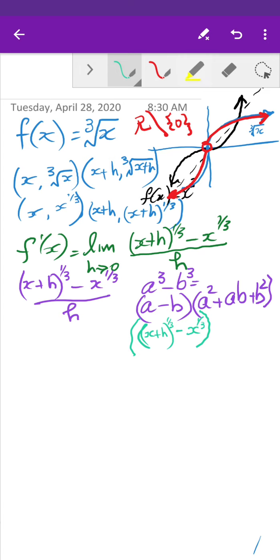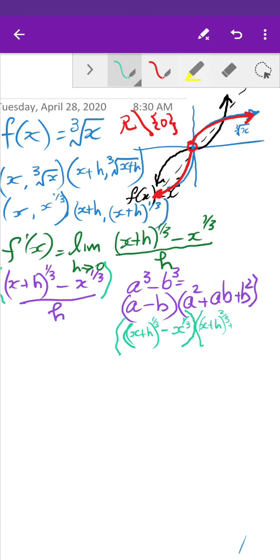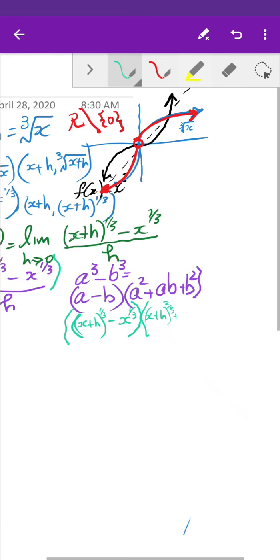Now you will see that's what we've got in our numerator over here. Continuing, that would be x plus h to the 2/3, plus x plus h to the 1/3 times x to the 1/3, plus x to the 2/3.